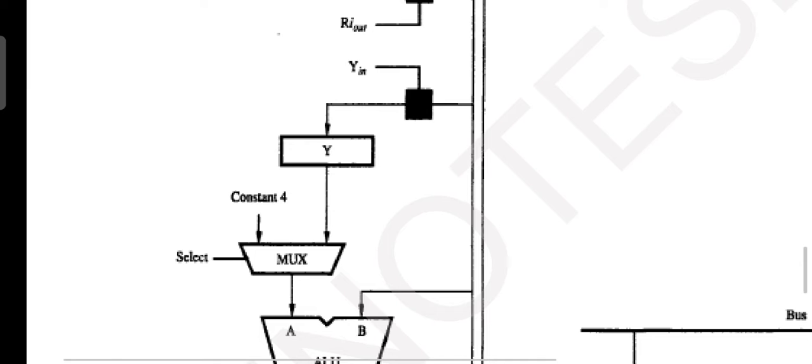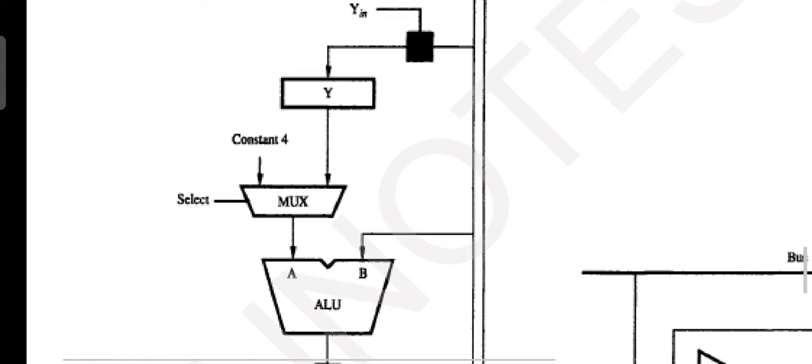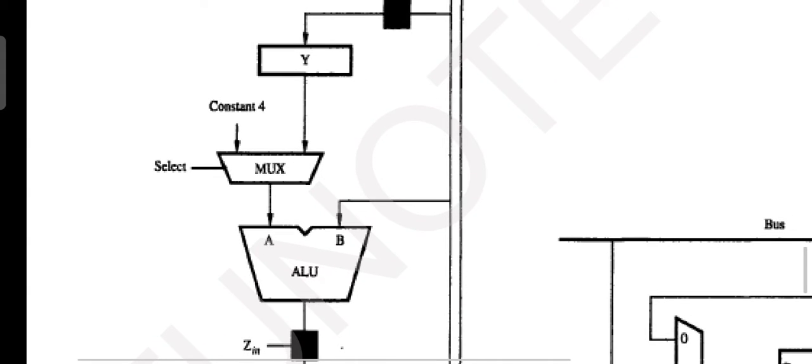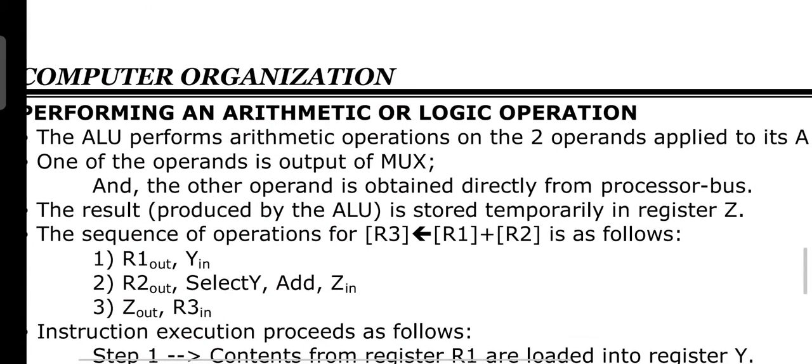So the ALU takes another input directly from the internal processor bus. So R2 out is activated. R2 out is activated means data is placed onto the internal processor bus, drive it directly onto the ALU by activating B. That's it. So select Y, R2 out, select Y is done.